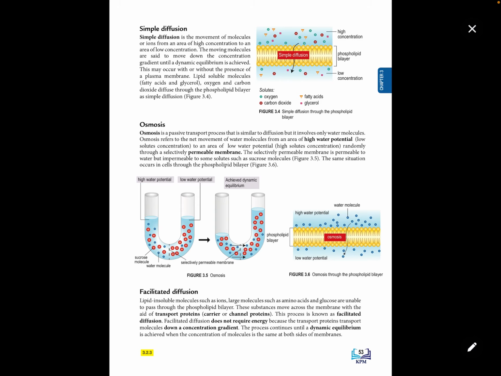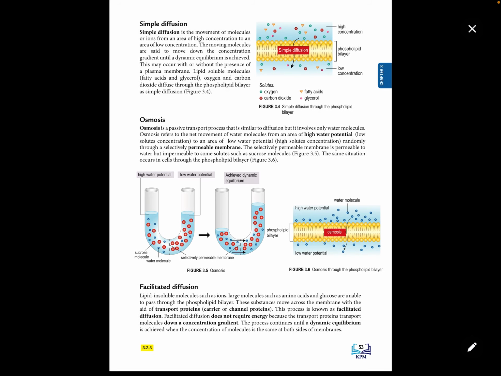Water moves from the lower solute concentration to the higher solute concentration. So instead of the molecules moving from a concentrated region to a less concentrated region, it is the water that moves from a less concentrated region to a more concentrated region, so that they both end up having the same concentration, which is dynamic equilibrium.